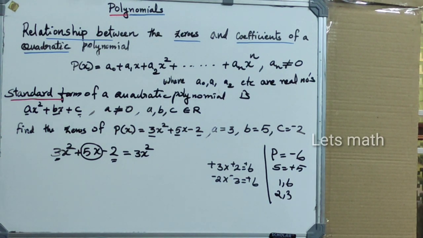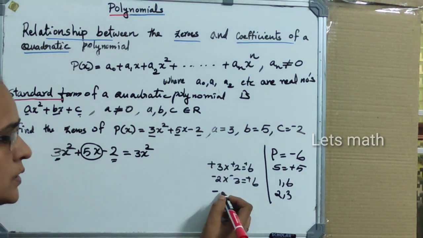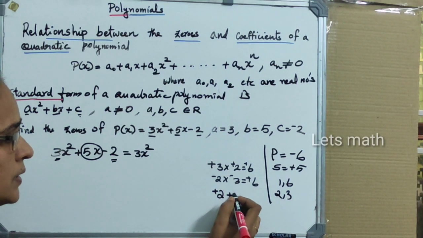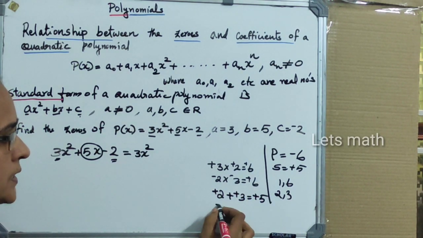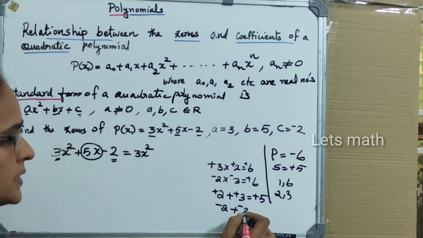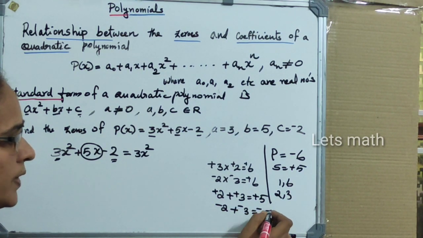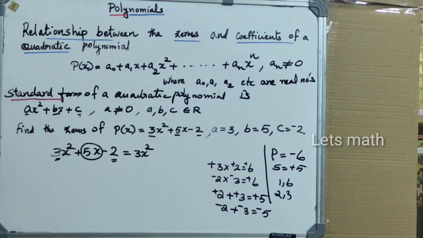How to add two positive integers? Positive plus positive is always positive. Negative plus negative is also negative, while adding we put the negative sign. But when you add a positive integer and a negative integer, we find the difference of the two numbers, that is, without their sign, their absolute values.